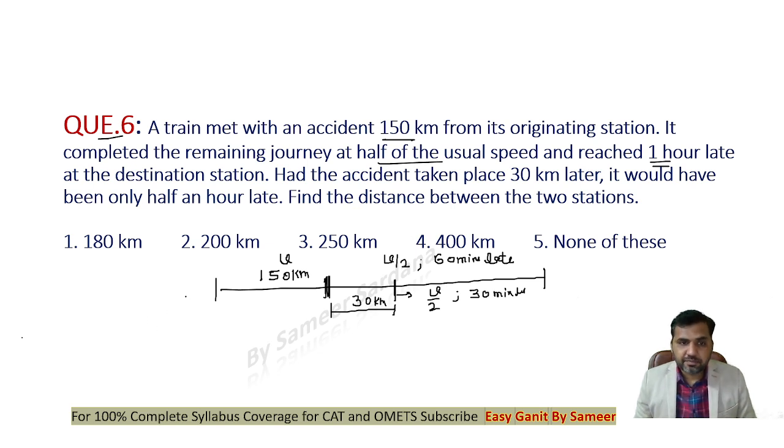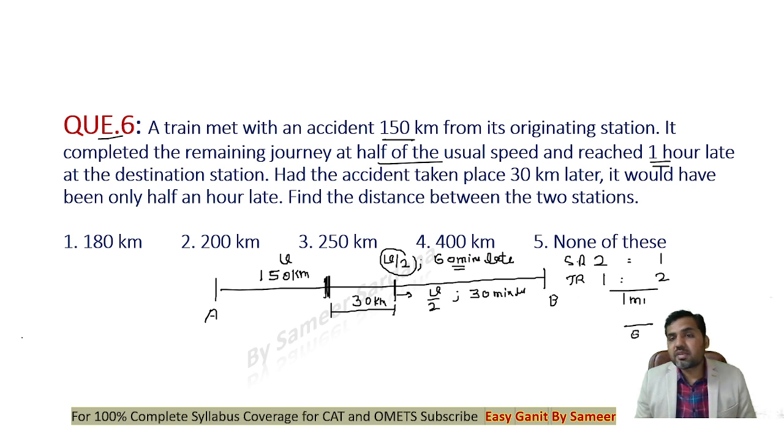Okay, see guys, this is point A. After traveling the distance at half of the speed, the train is 60 minutes late, right? What does it mean? If my speed earlier was 2 and now the speed becomes 1, that's the speed ratio, so the time ratio would be 1 to 2.